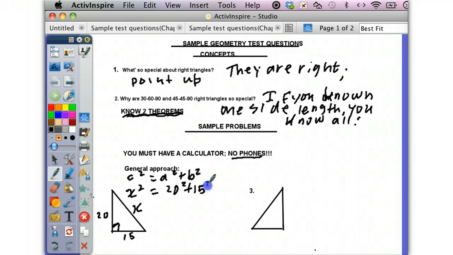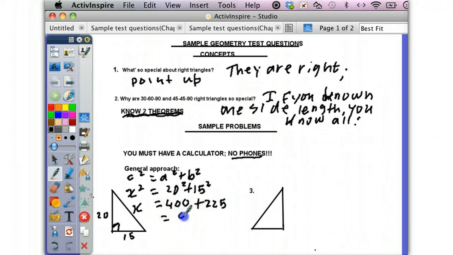Okay. Grant, do you know what 20 squared is? 400. Yes, so 2 times 2 is 4 and then 2 zeros, so 400. And I'm sure somebody in here might remember what 15 squared is. Victoria? 225. Let's write that down.